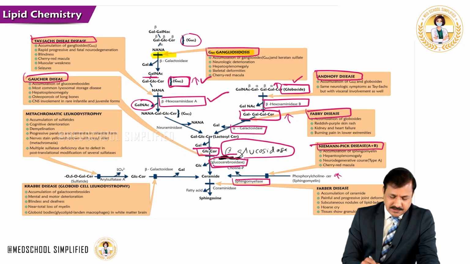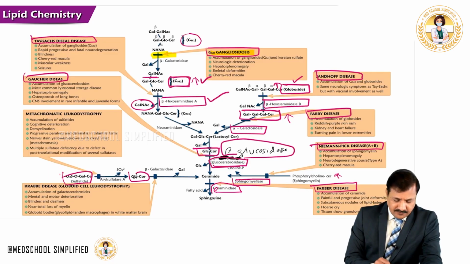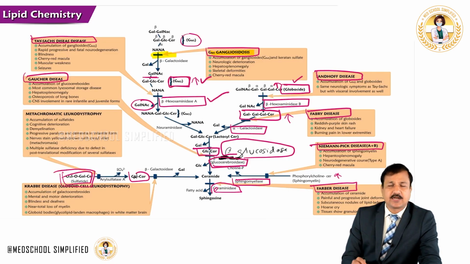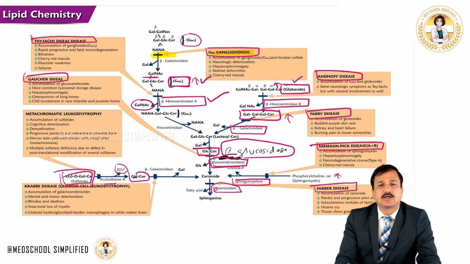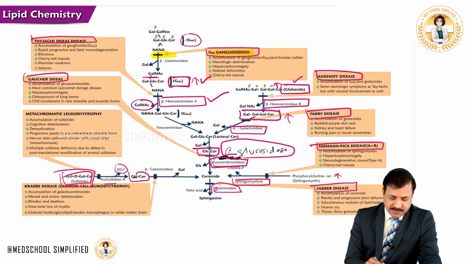And then the conversion of ceramide into sphingosine plus fatty acid is done by ceramidase enzyme, and if that enzyme is deficient, it will give rise to Farber disease. Then on the other side we have sulfatides, which contain ceramide, galactose and sulfate, and arylsulfatase enzyme is removing that sulfate and converting sulfatides into galactosylceramide. Furthermore, beta-galactosidase enzyme releases galactose from galactosylceramide and makes ceramide.